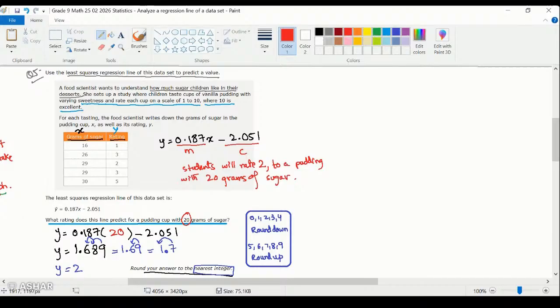Sometimes it can be the other way around as well. Let's try to make another question out of this. Let's create another question.